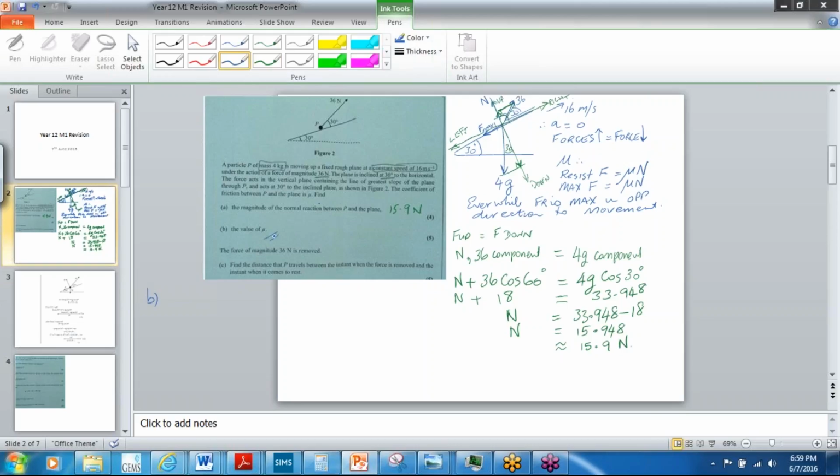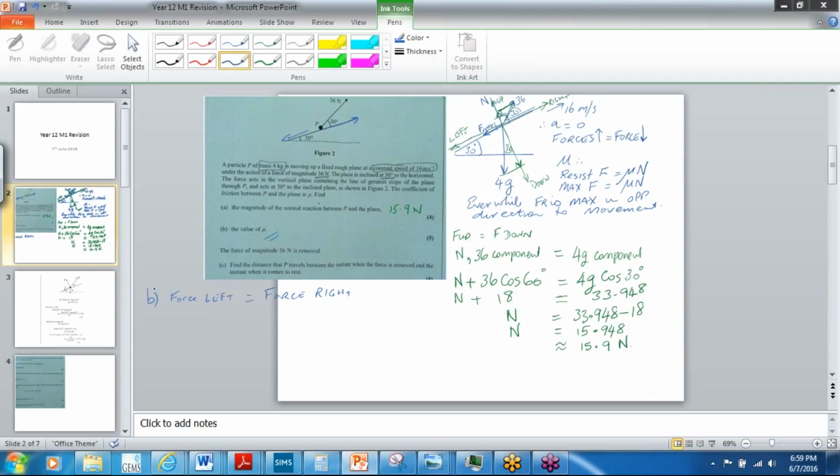Let's look at part B. Find the value of our coefficient of friction. Now we've done the force up equals force down, so let's do the force to the left. That's actually down the plane. The force to the left will equal the force to the right. That's actually up the plane. Now what are the forces acting to the left?